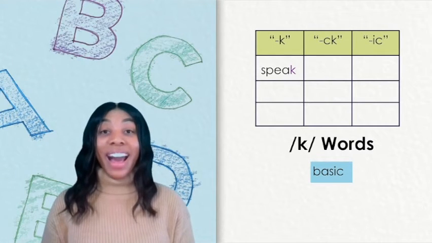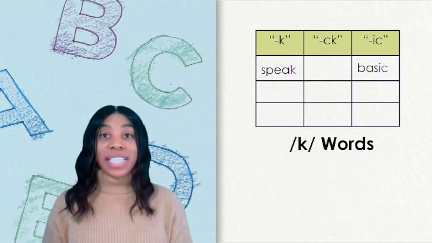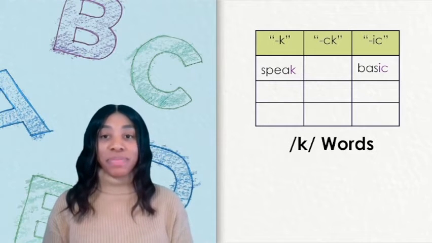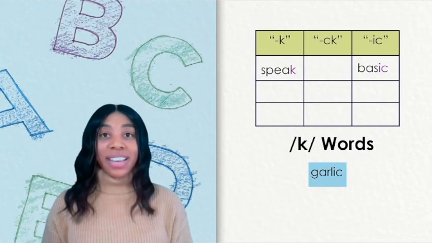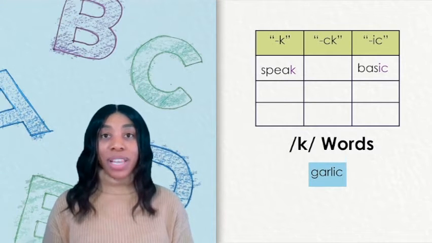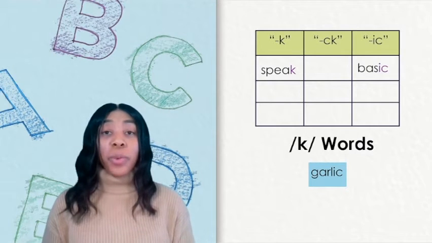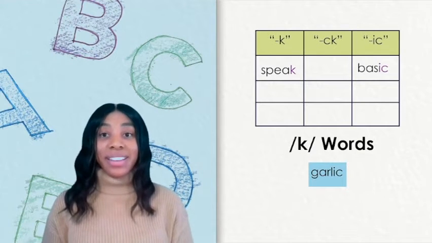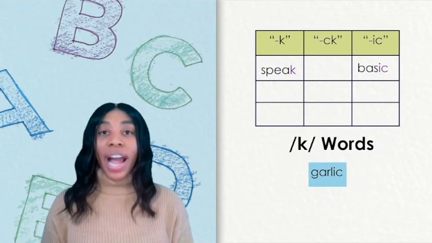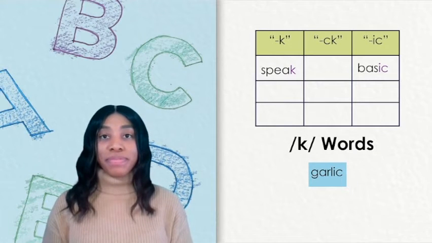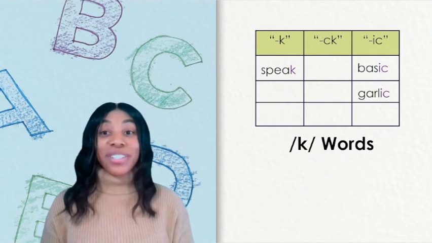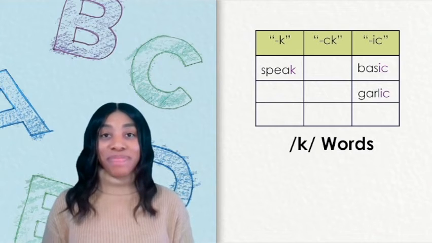Basic ends with IC, so we will place it in our IC column. Let's try another. The next word is garlic. Look closely. Would garlic go in the K, CK, or IC column? Garlic goes in the IC column.